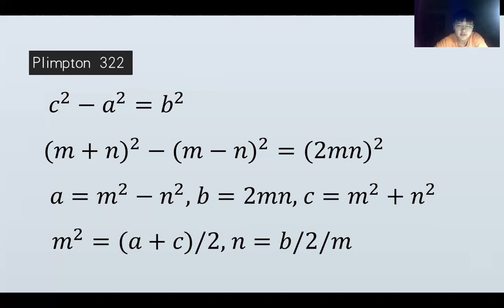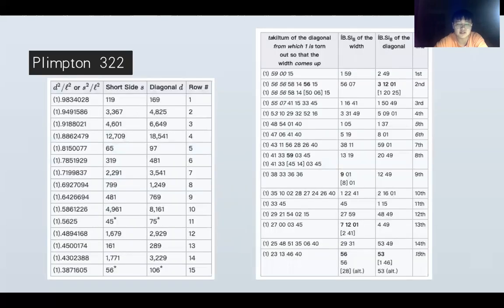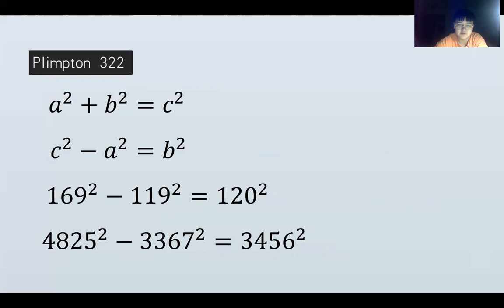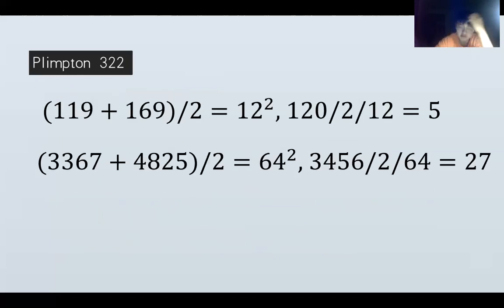So if we put in those numbers on the tablet, let's continue using the first row as the example. We get 119 plus 169 divided by 2, so m equals 12. And if we put m equals 12 into the formula to find n, we find n equals 5.